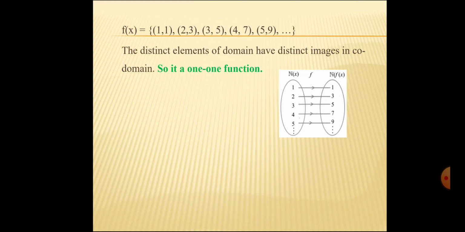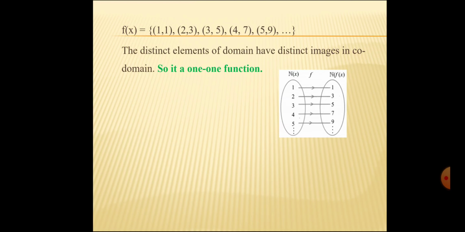What is the onto function? Range equal to codomain, that is an onto function. Here see, range means the coming answer. So here 1 3 5 7 9, that is the range. Codomain means the second set, N to N, so N are natural numbers.